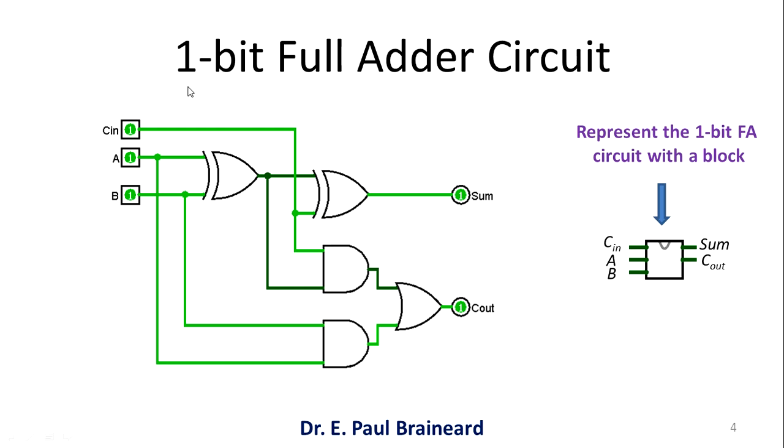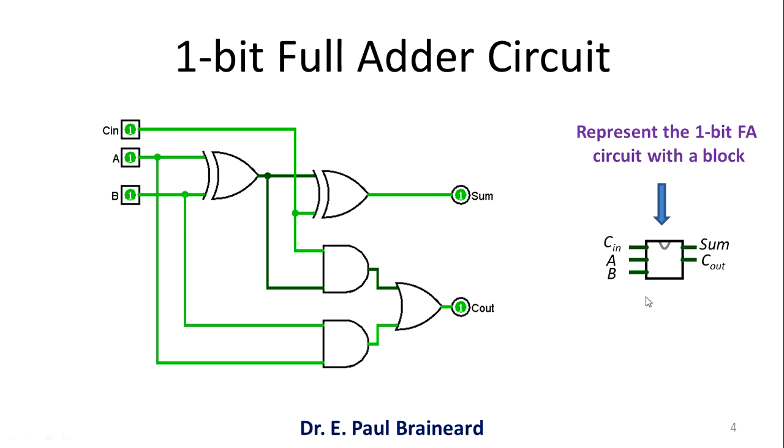So, this is a 1 bit full adder circuit, and this circuit includes carry input. Suppose if we were to represent this like a single bit full adder circuit, you can represent it like a block which is having three inputs A, B and carry input from the previous stage and sum and C out as the output. Why are we representing with a block?